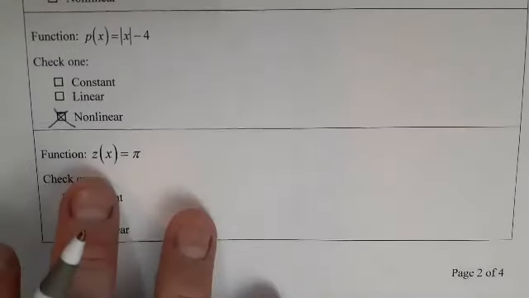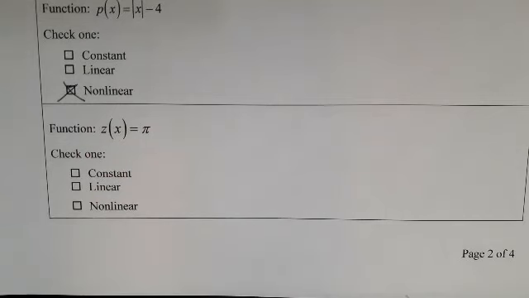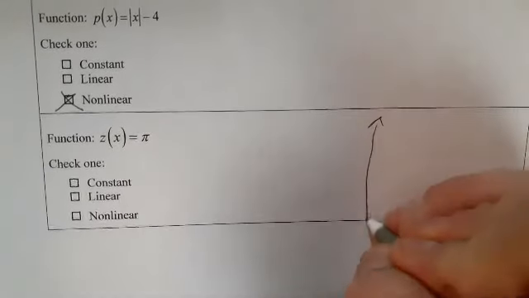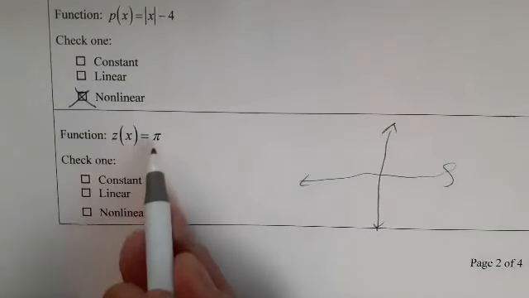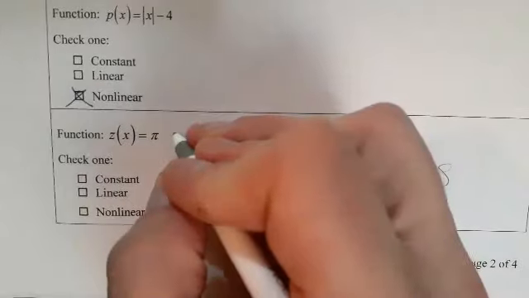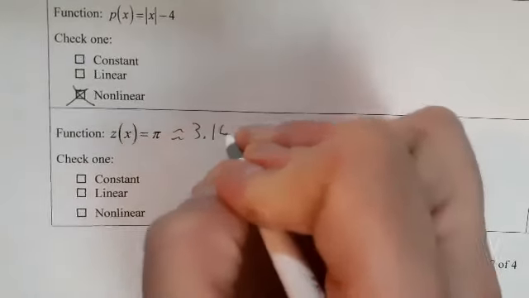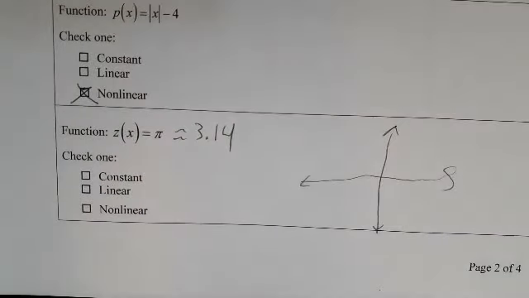Last one. We have a function that looks like z of x equals pi. Okay, so graph this. This is like y equals pi, approximate it to like 3.14.